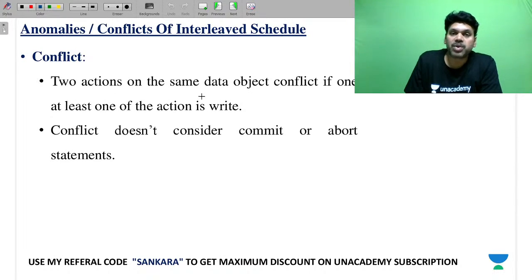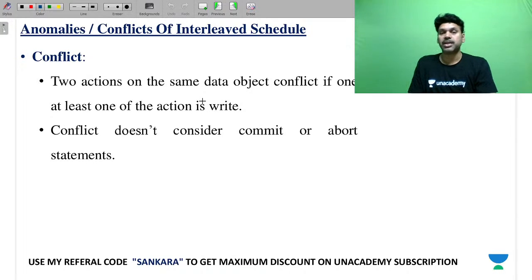If two or more transactions are fighting for the same object, or racing for the same object, then it is called a conflict. And you see that there should be at least one write action among them.